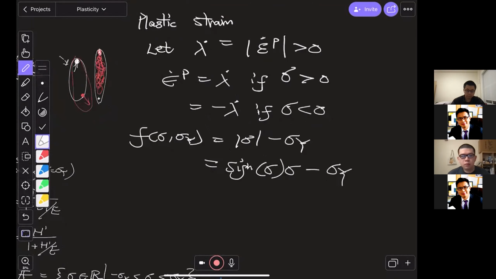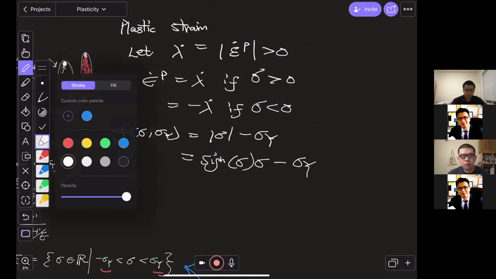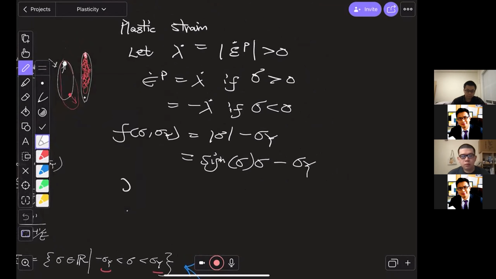Now one thing that is interesting: I will take the yield surface and take a partial derivative with respect to stress. What do I get?